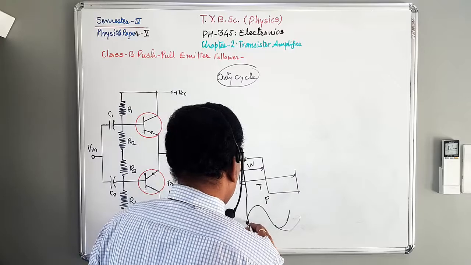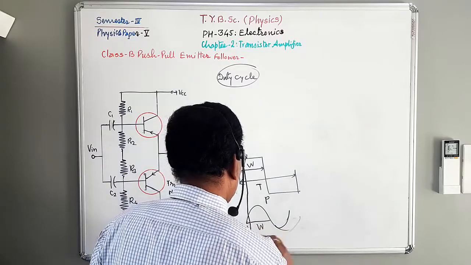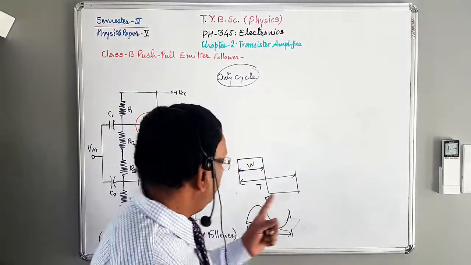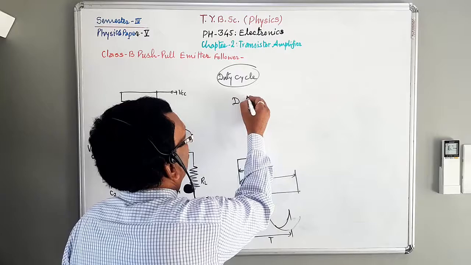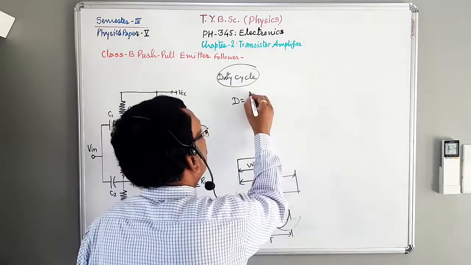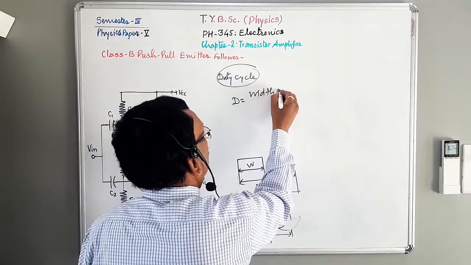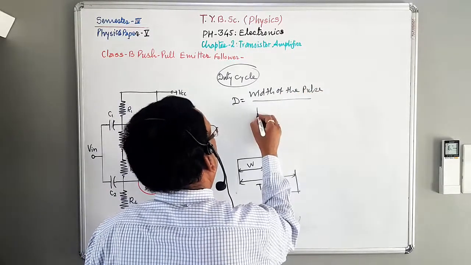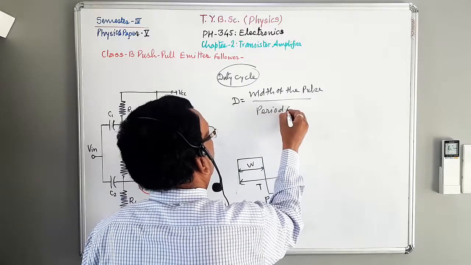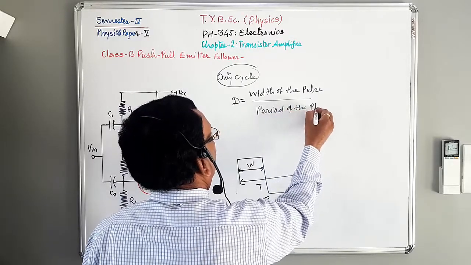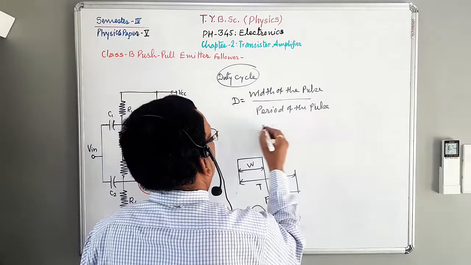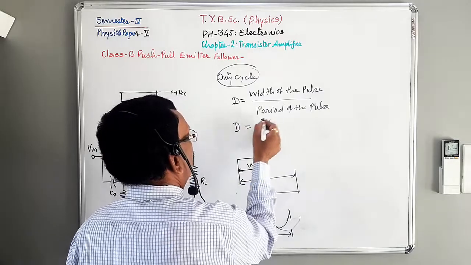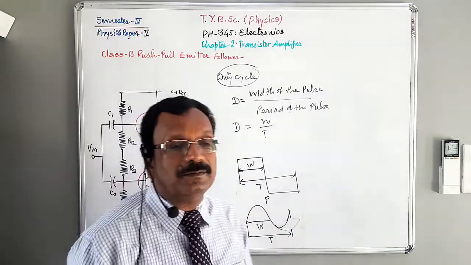Here also this is the width and this is the period of the pulse, and duty cycle D is the ratio of the width of the pulse upon the period of the pulse. What is width? W, and what is period? T. Therefore D is equal to W upon T. This is the duty cycle.